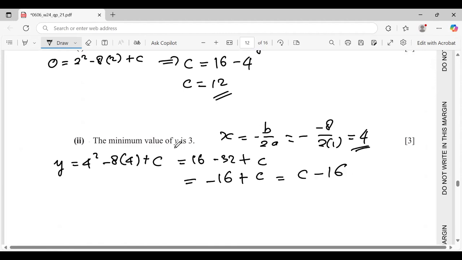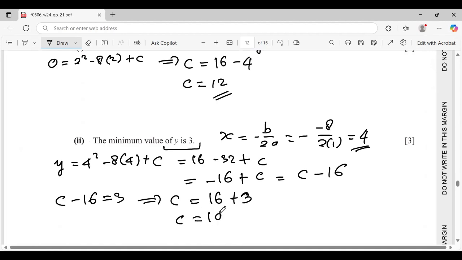Based on the information that the minimum value is 3, it means c minus 16 equal 3. So c equal 16 plus 3. So c equal 19.